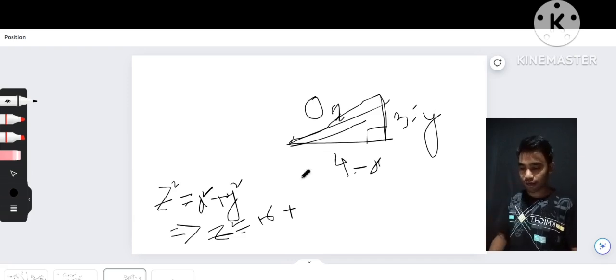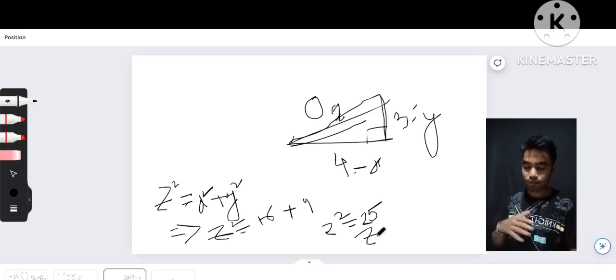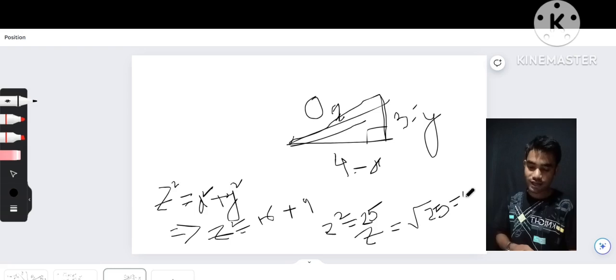So z square equals 25, and we have to find z. Taking the square root, root of 25 is 5. So z becomes 5. The length of this vector is 5, and the direction is this direction.